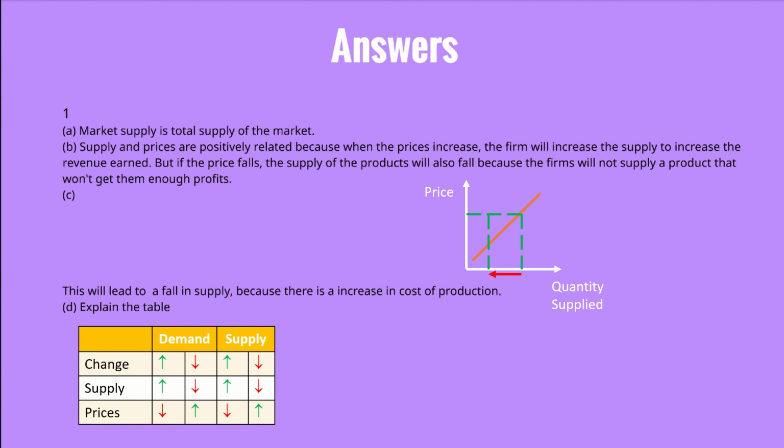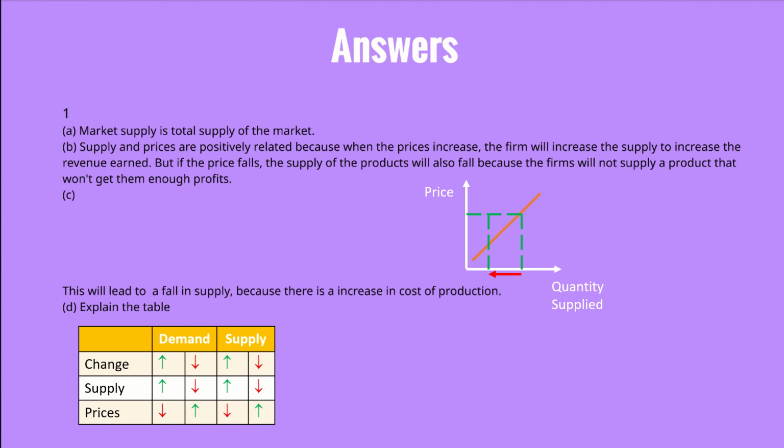Increase in demand, more supply, suppliers will reduce the prices for more demand. If there is low demand, then suppliers will supply a low quantity. They will supply at a higher price because they need to earn profits.